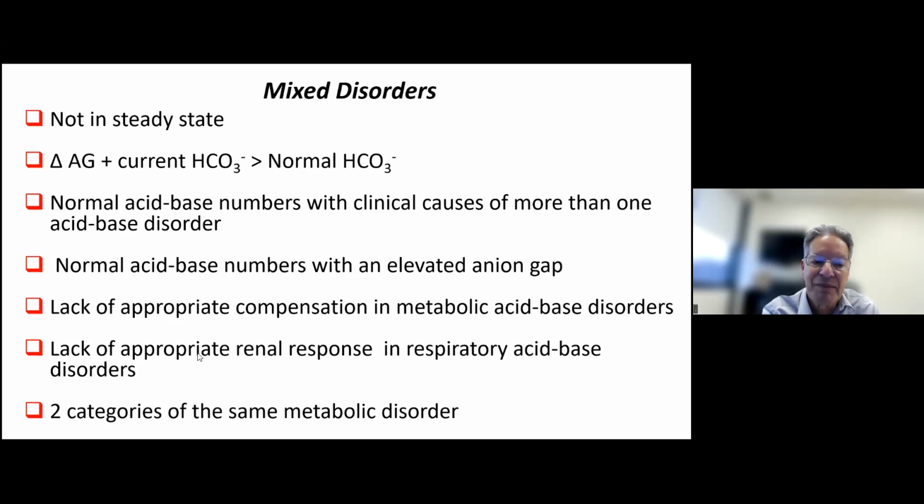And also, remember, the converse is true. If you have a respiratory acid-base disorder and the bicarbonate is not what you'd expect for acute or chronic, whatever the respiratory acid-base disorder is, it could be you've got renal pathology and the bicarbonate's just never going to achieve what the simple acid-base rule predicts it should.